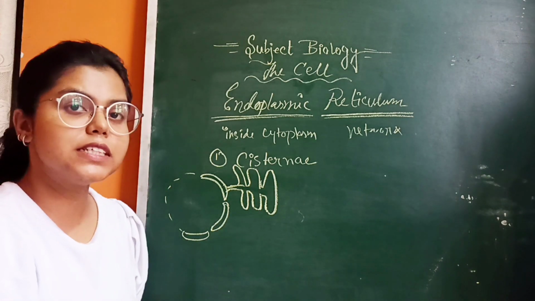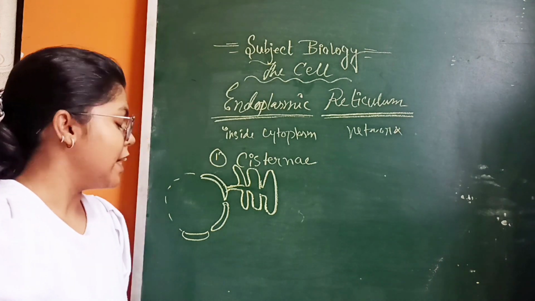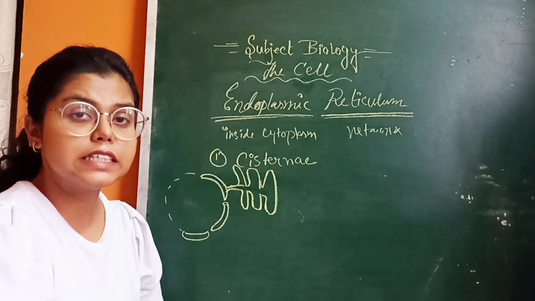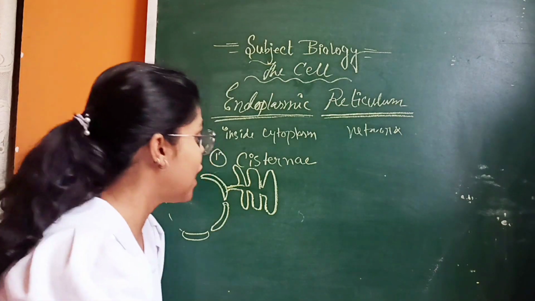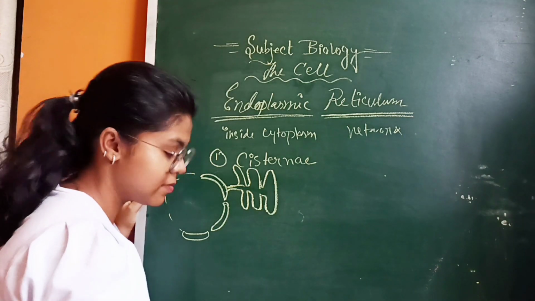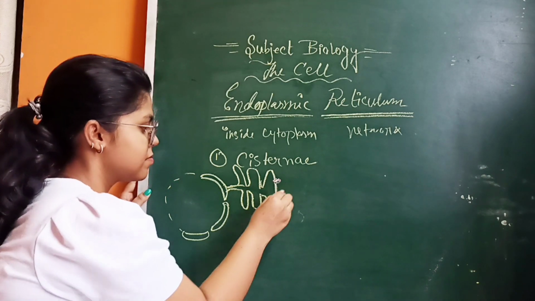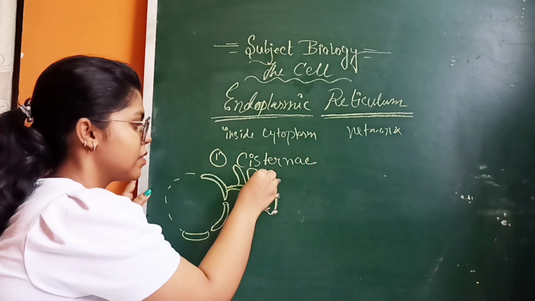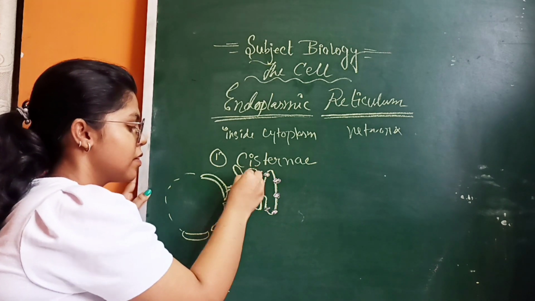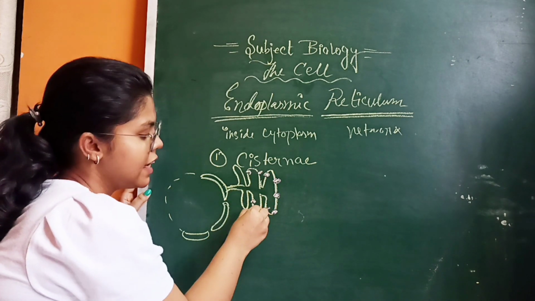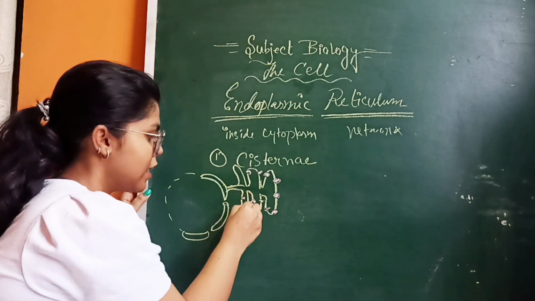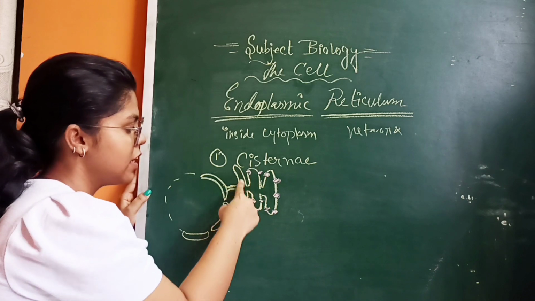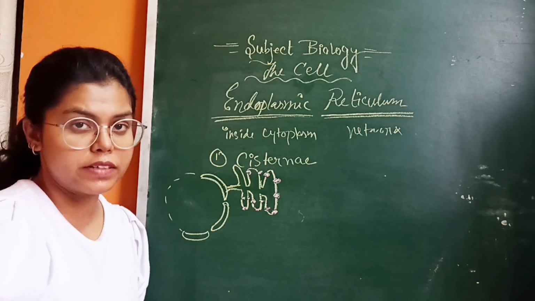So this is cisternae, and on the surface of the cisternae, ribosomes are present. And you can see here the cavity-like structure, which is known as lumen.